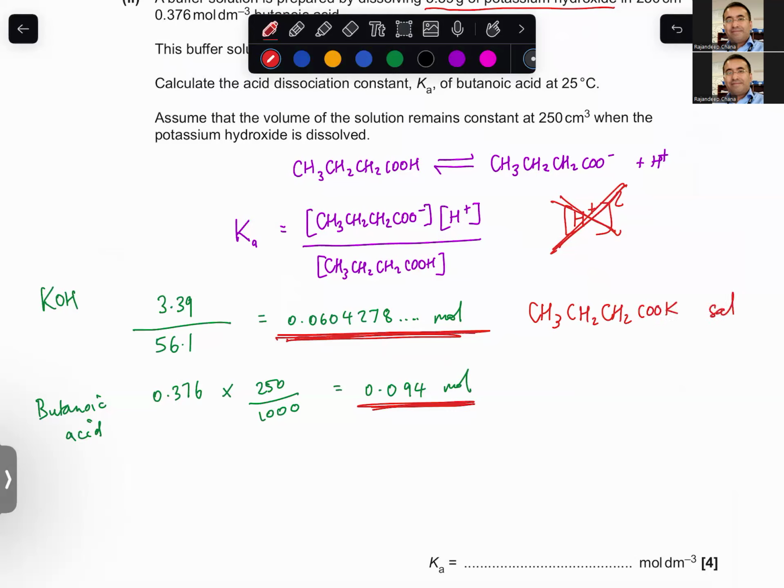This is the salt. So now that you've got the amount of moles of the salt, how much of the butanoic acid will we have left? You would have 0.033572 moles.